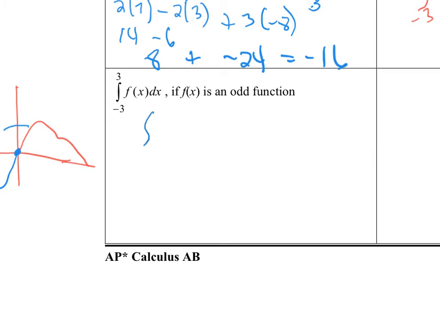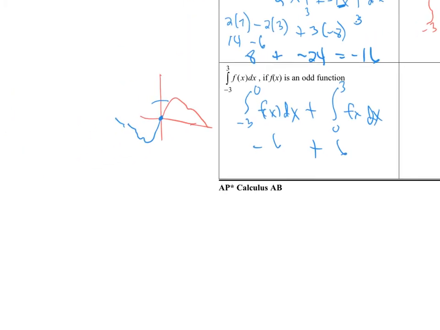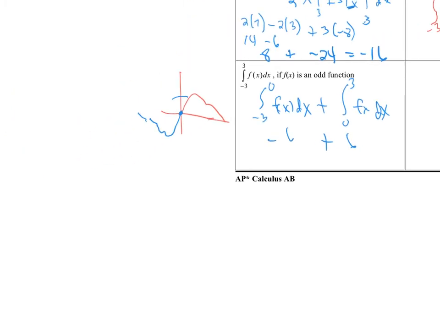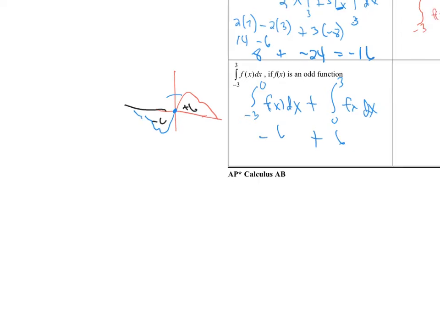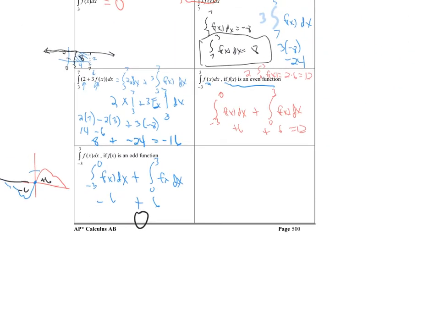If you integrate from negative 3 to 0 of f of x dx, and you add that to the 0 to 3 of f of x dx, and we knew that 0 to 3 was 6, then we knew this had to be a negative 6, just because one area was a positive 6, that area had to be a negative 6 because it's underneath the axis. That goes to 0. Don't know why he didn't put another problem here to finish up that spot.